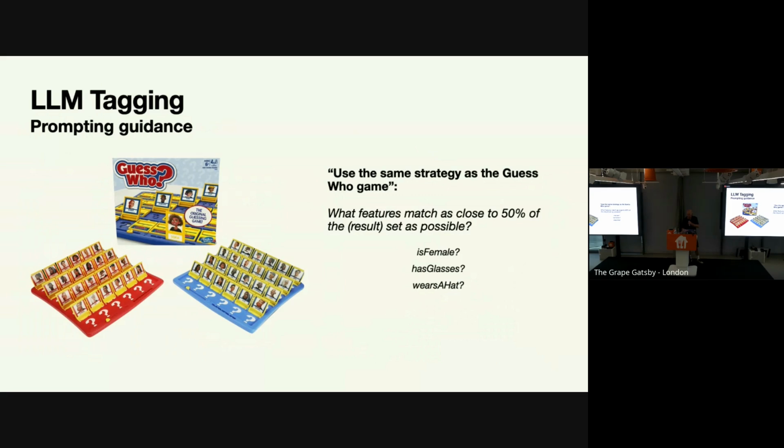Getting the LLM to come up with useful tags was a bit of an exercise. So when I first started, I said to the LLM as a prompt, here's a bunch of search results about a particular topic, where the user's done a search. Please try and come up with useful tags. And for each document that you tag, please try and make sure that you're consistent in your use of terminology or tagging.